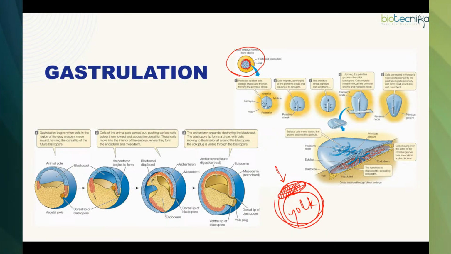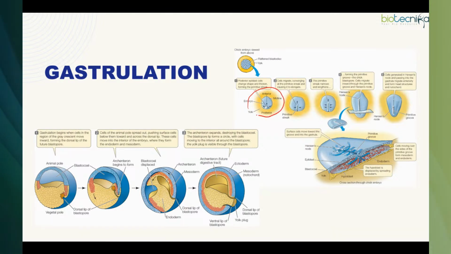Now this diagram is also like that, only a little bit zoomed. So these all are top views. What happens is, from the posterior side, the cells start moving towards the top. If we cut a cross section here, basically this is the entire yolk, and on top of that you can see the blastula.